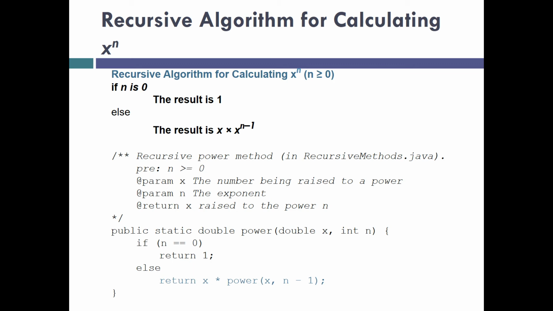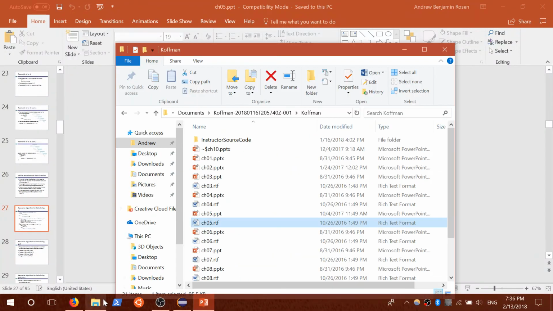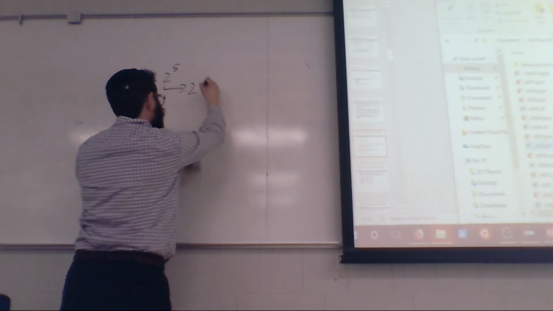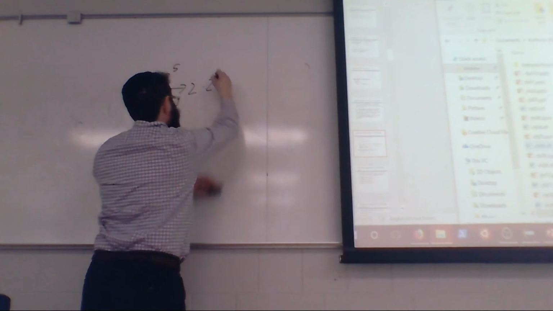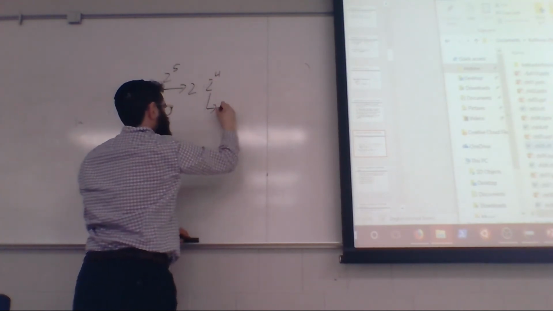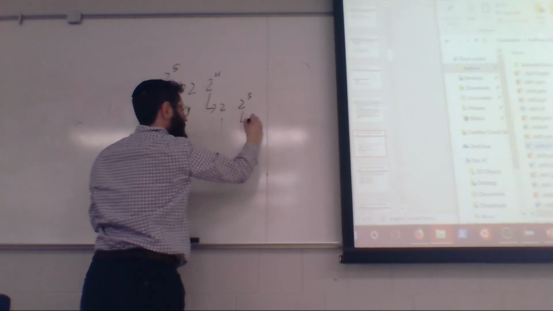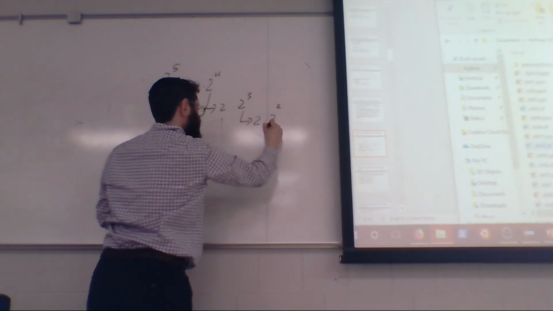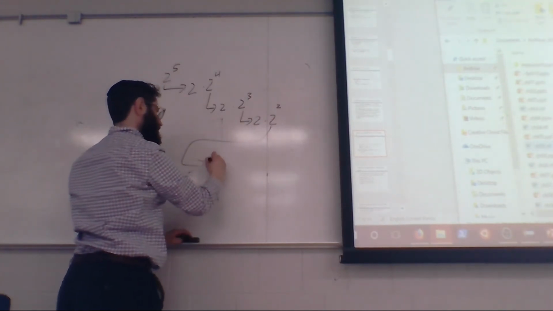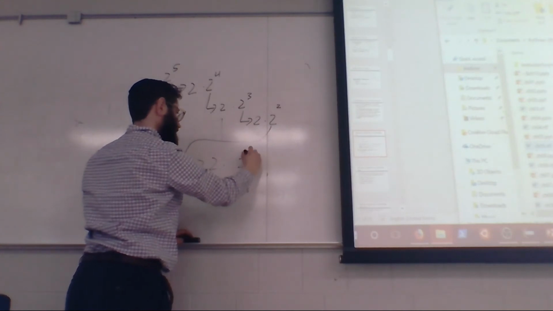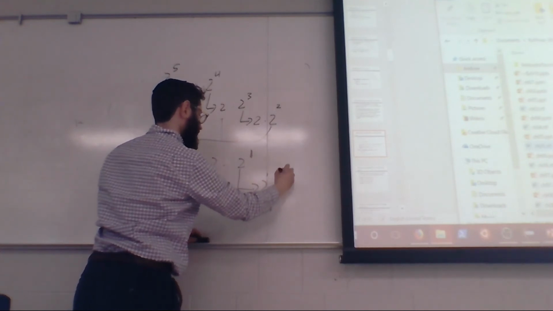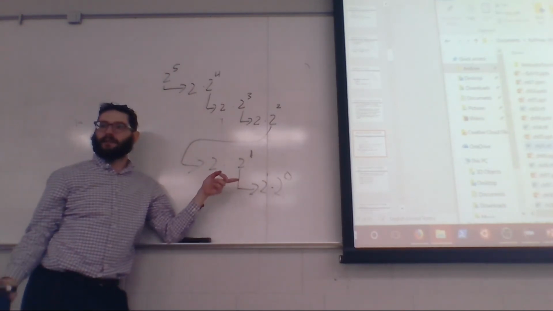So 2 to the 5th is equal to 2 times 2 to the 4th power, which is 2 times 2 to the 3rd power, which is 2 times 2 squared, and that is 2 times 2 to the 1st power, and that is 2 times 2 to the 0th power, which will be our base case, right?